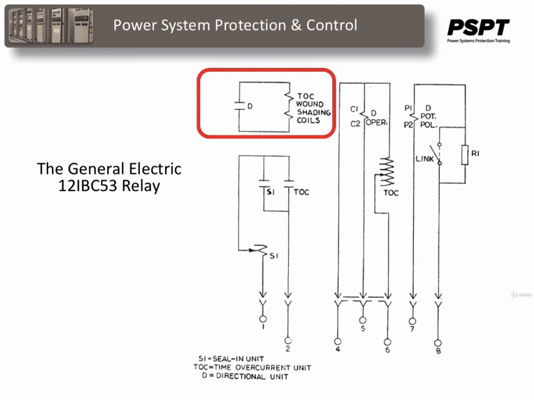Now, in order to measure directional or power directional flow, you need a voltage input as well to be compared to the current flow, and you have to feed in a phase to neutral voltage for that particular phase of the line. So the unit will measure phase to neutral voltage as well as the phase current, and then determine if power flow is going in the right direction.